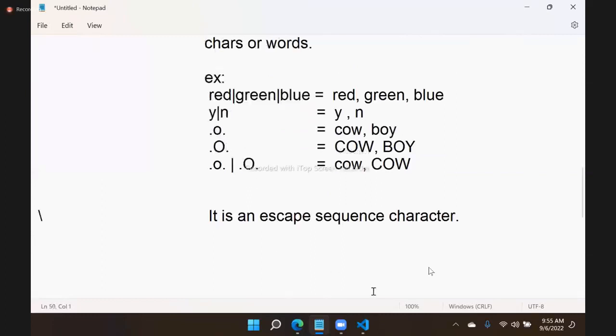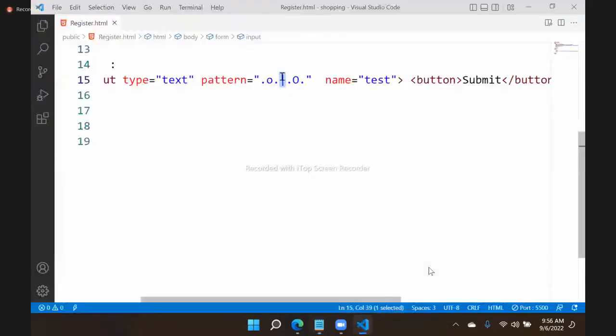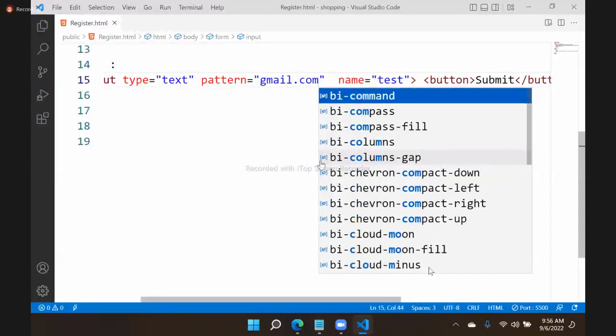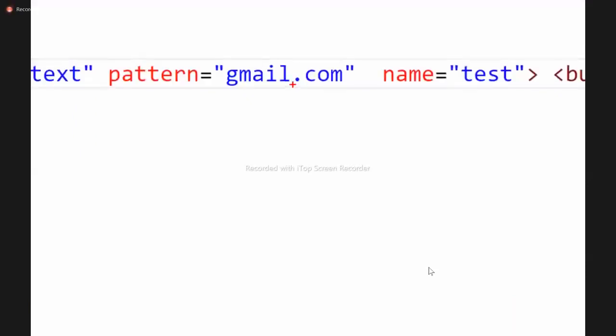Suppose I am typing here the address, gmail.com, only this is allowed. That means only the gmail.com word is allowed. Anything else is not allowed. Now, here the problem is this dot we want to use as a character. We want to use this as a character.